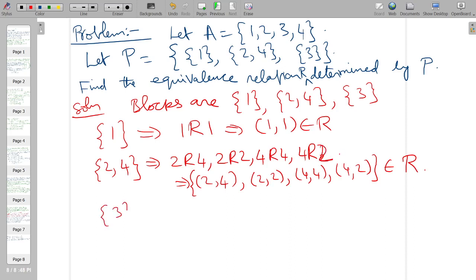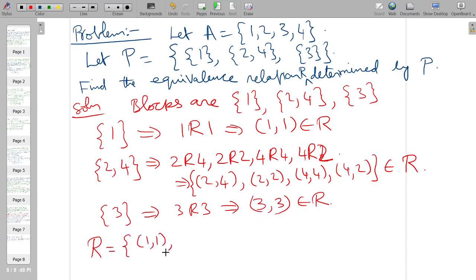Now similarly for 3, 3 is related to 3, which means that 3 comma 3 belongs to R. So I group all the elements, and that will be the equivalence relation: 1 comma 1, 2 comma 4, 2 comma 2, 4 comma 4, 4 comma 2 and 3 comma 3.